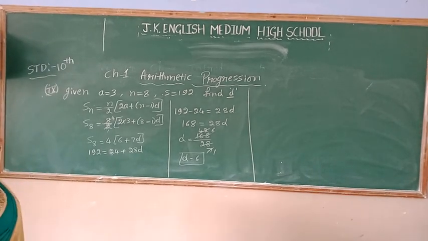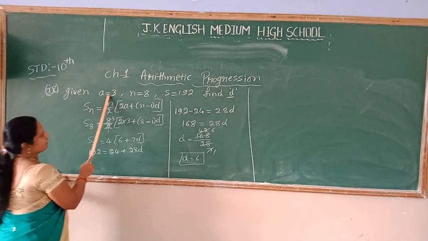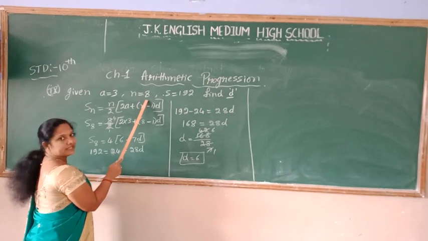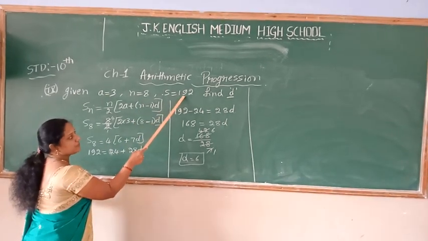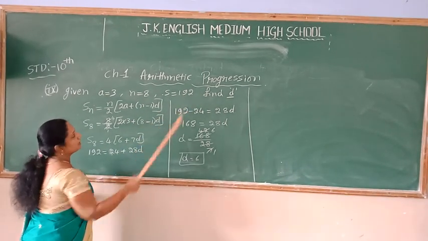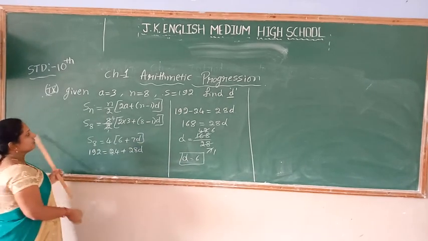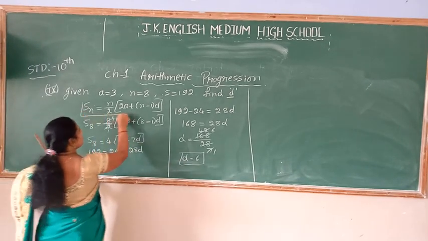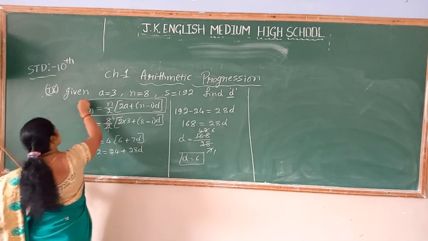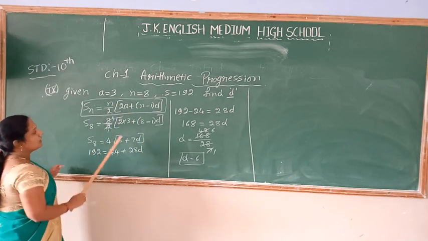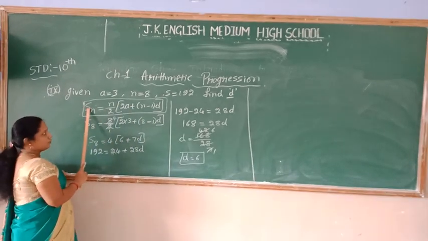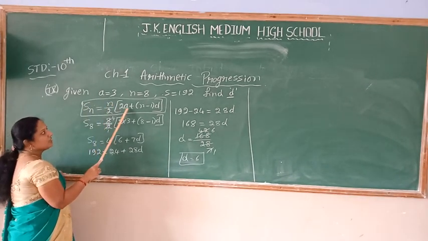Once again I am going to explain. The a value is given, the n value 8 is given, and the sum of terms of this AP, 192, is given. Find d. When you see the given values, I come to know I can use this formula, because in this formula I know all variable values except d.